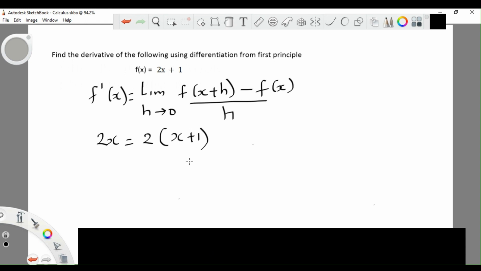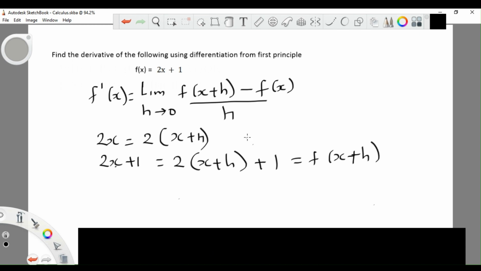Then plus 1, so we have 2x plus 1 becomes 2, open brackets, x becomes x plus h, plus 1. So this equation is equal to f of x plus h. So we have to replace this whole equation by this.